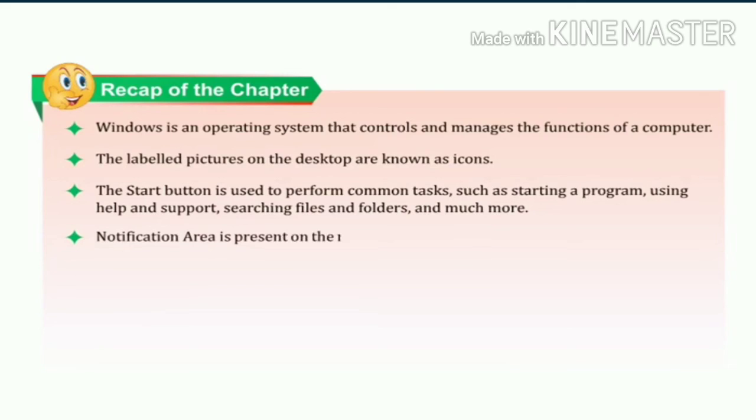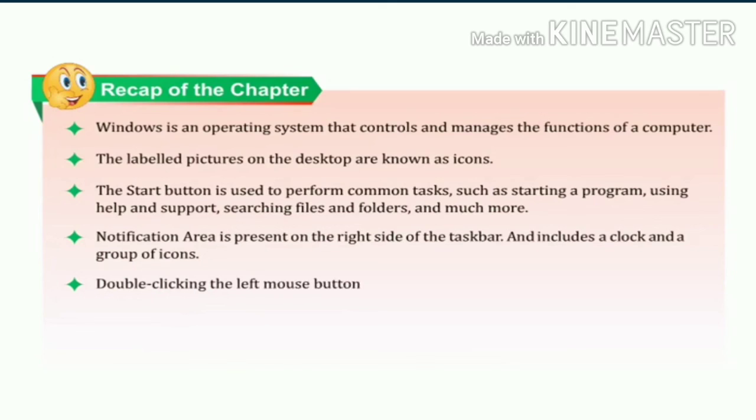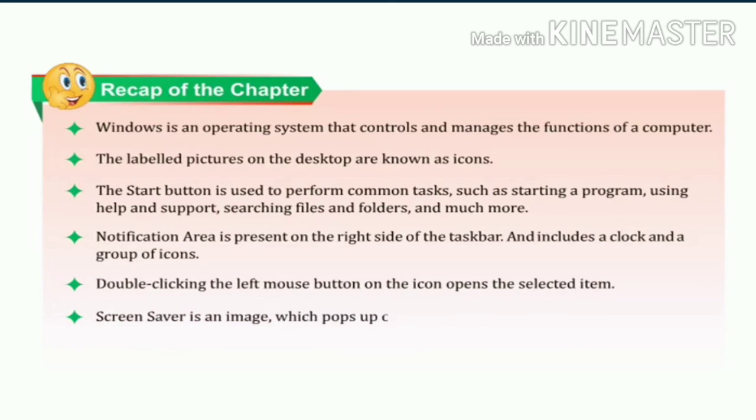The notification area is present on the right side of the taskbar and includes a clock and a group of icons. Double-clicking the left mouse button on an icon opens the selected item. A screensaver is an image which pops up on the screen whenever a computer remains idle for a short time.